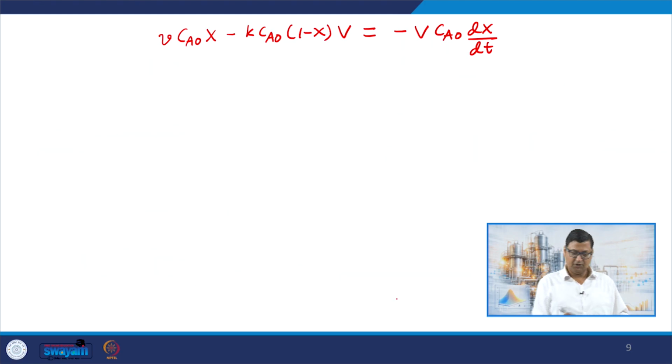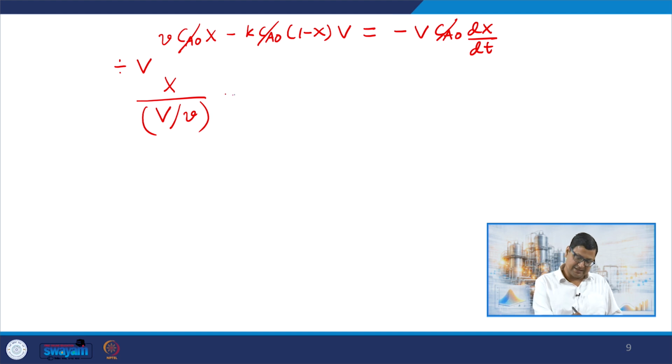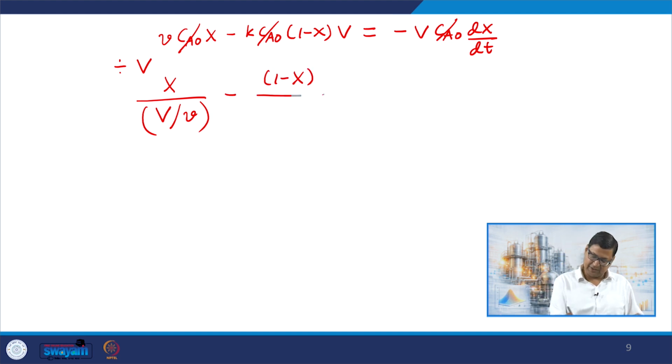And now I am going to divide this expression by V, and then Ca naught automatically cancels out, and then we have something like x divided by V by v. There is a reason why we write it like this, and I will come to that, minus 1 minus x divided by 1 by k, and this is equal to minus dx by dt.